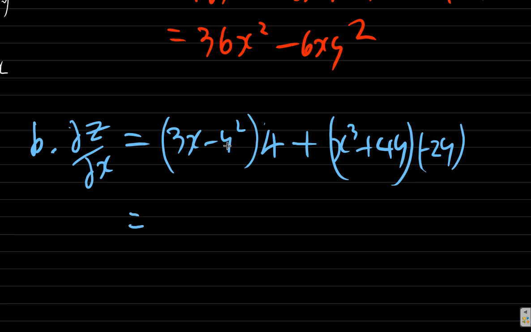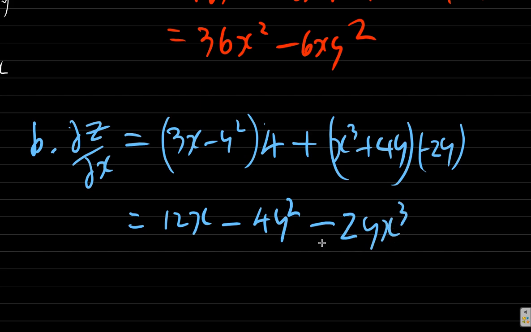We could just multiply out the brackets too. 4 3s 12x minus 4y squared plus, well, it's going to be a negative. Negative 2y times x cubed is negative 2yx cubed. Another negative, 2 4s is 8y squared.